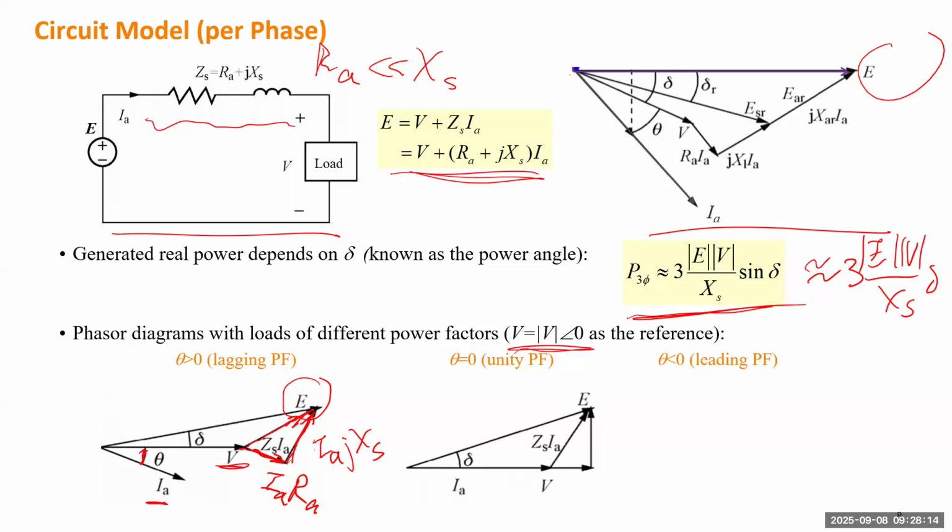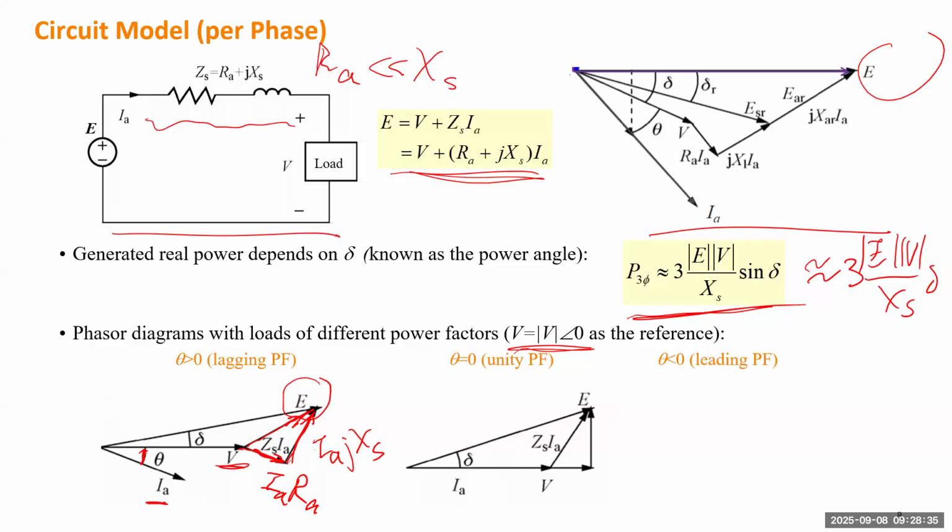Second case, we still start from V as reference, and basically we just turn this little triangle by some angle, because for this case, theta is 0. So this triangle will be turned by the theta angle, 0 for this case. So E is still longer than V, even though the generator doesn't provide any reactive power.